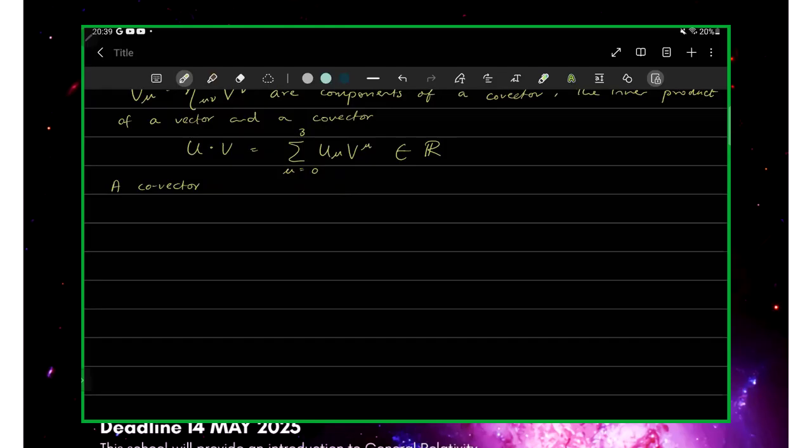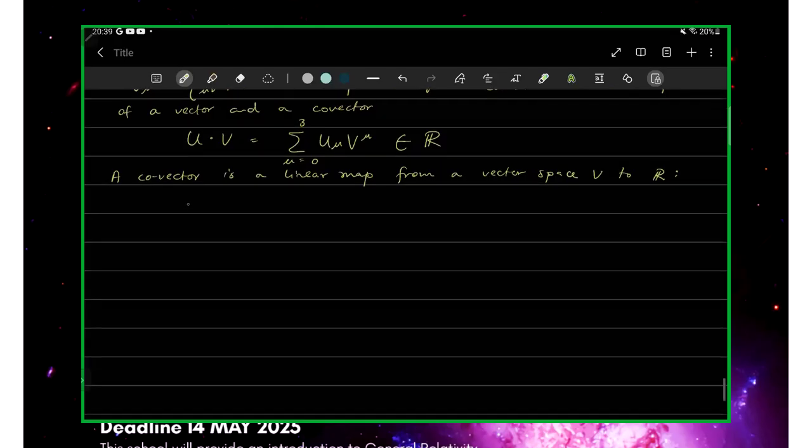A covector is a linear map from a vector space V to R. So you define a covector with omega, and this basically takes an object from V, a vector space, and maps it to R, so that when the covector acts on v, it should be in the real numbers.